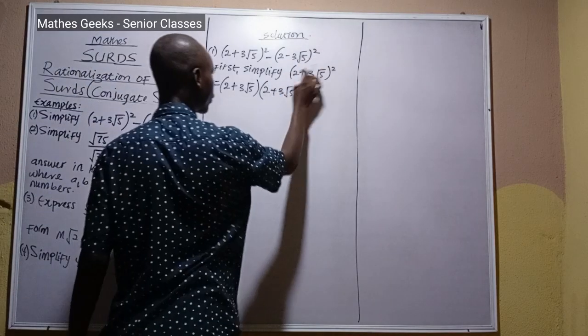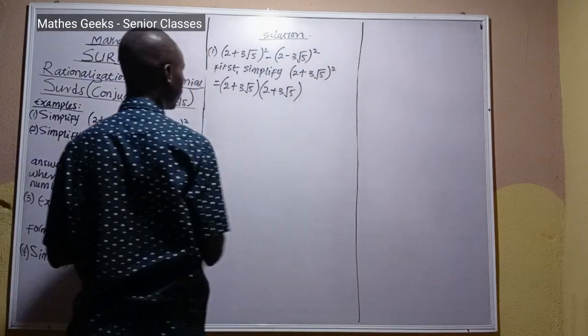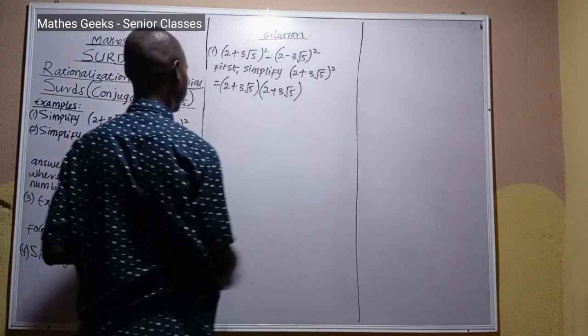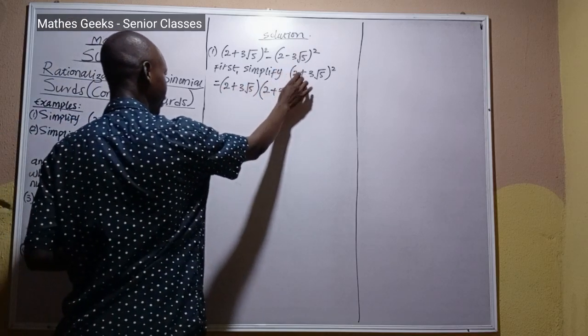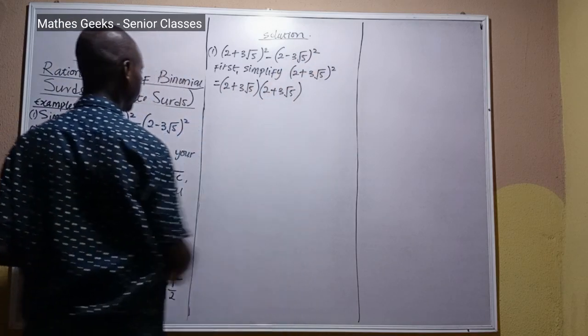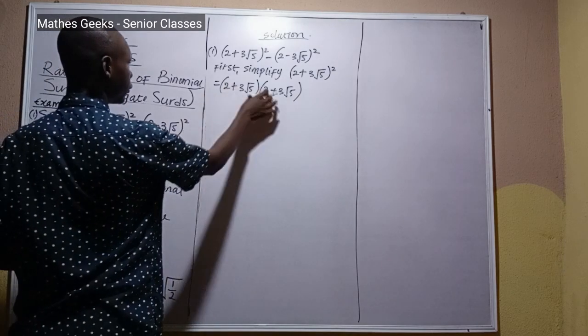Since (2 plus 3 root 5) raised to power 2 means it should multiply itself, the sign will not change. The sign that is here will also be in the second bracket.